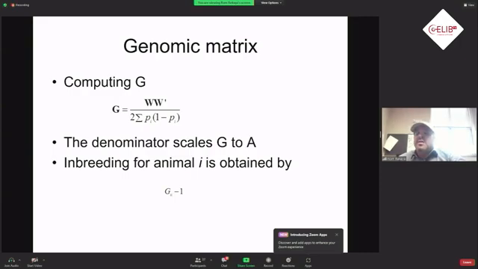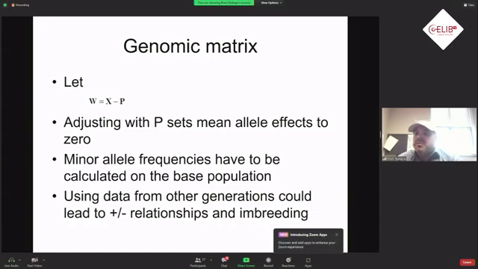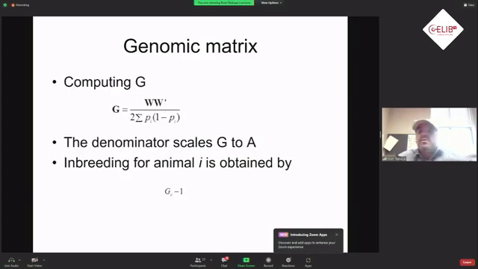So we have this matrix W, W prime, which is the same matrix W over here. This is a very simple matrix to compute because X is the matrix of genotypes that you have, and P is the matrix with 2 times (p_i minus 0.5), and then you compute this. So W W prime is a quadratic form on the matrix W, and then it is divided by a standardization that makes the values in G very similar to the values you see in A, the additive relationship matrix.